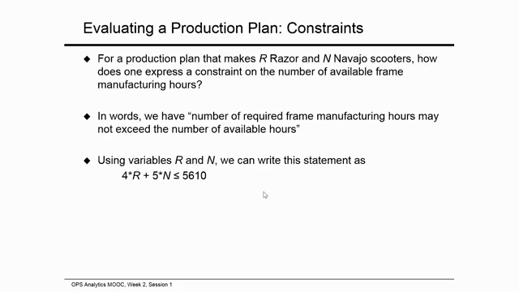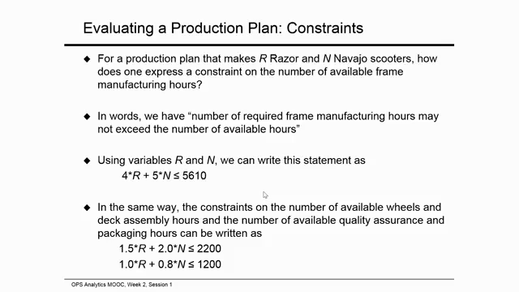What we have on the left-hand side of this constraint, to the left of the less-than-or-equal sign, is the number of frame manufacturing hours required by any pair of R and N: 4 hours for each unit of R, and 5 hours for each unit of N. And what we have on the right-hand side of this constraint, to the right of the less-than-or-equal sign, is the number of frame manufacturing hours available.